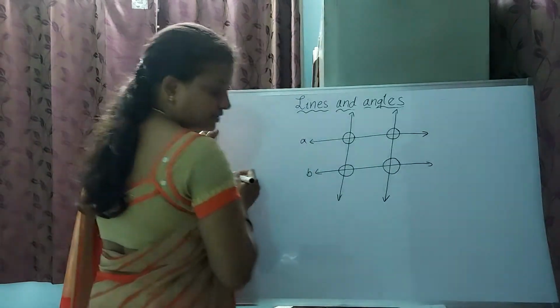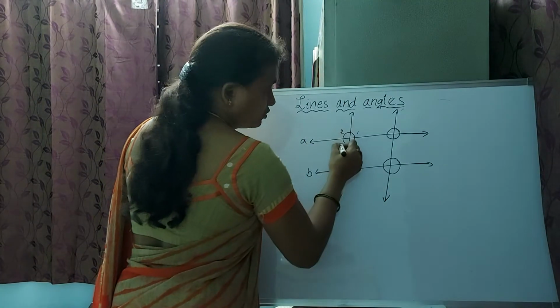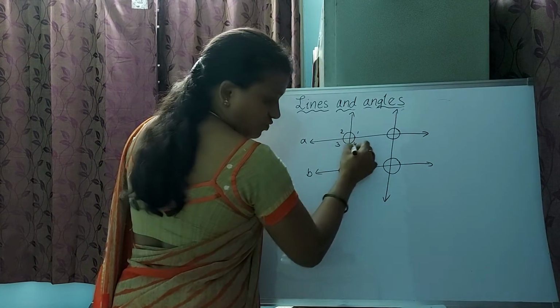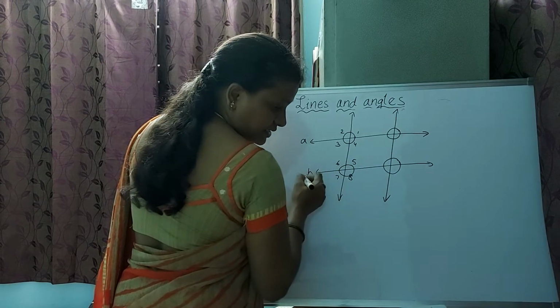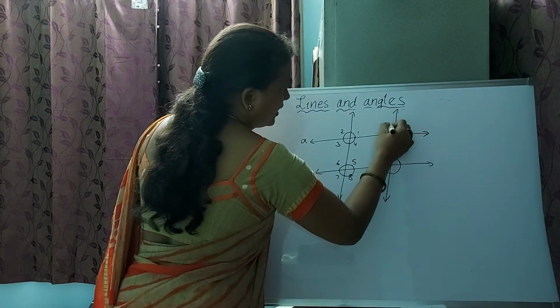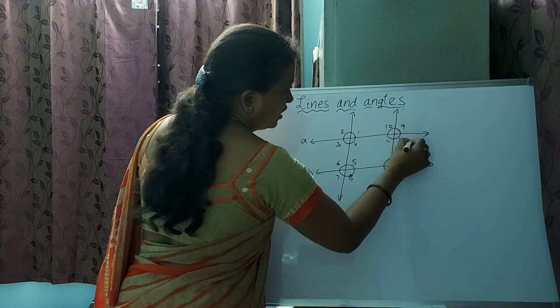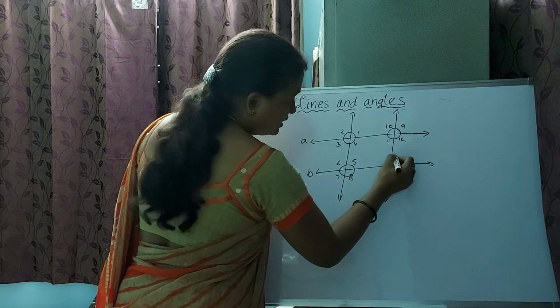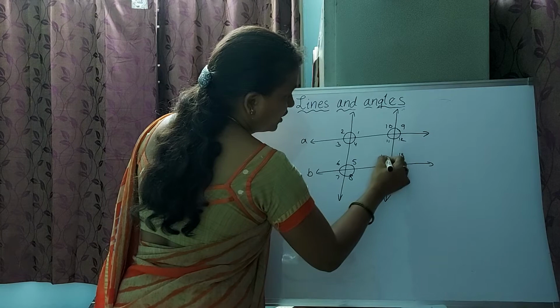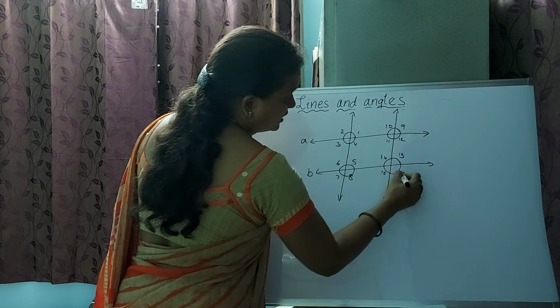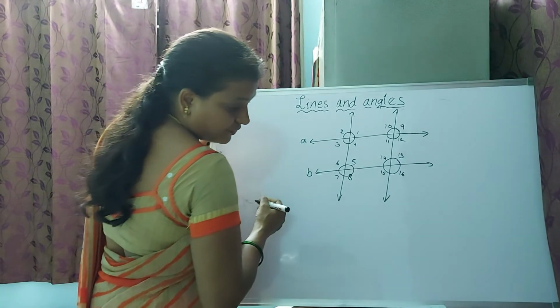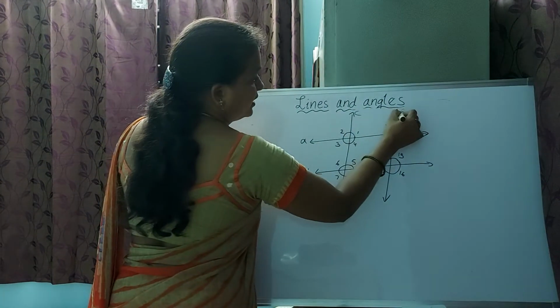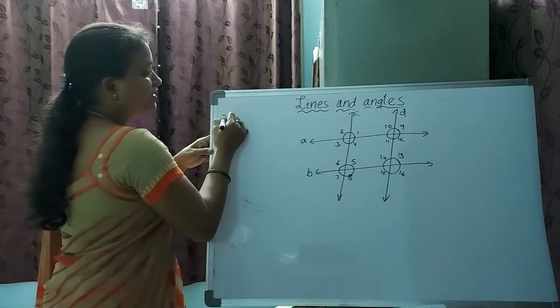See the angles: 1, 2, 3, 4, 5, 6, 7, 8, 9, 10, 11, 12, 13, 14, 15, 16. These are the angles of those particular lines C, D.